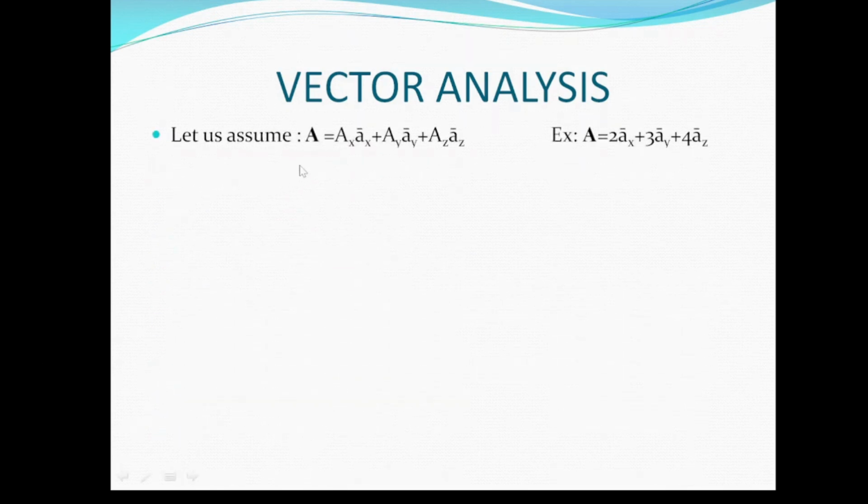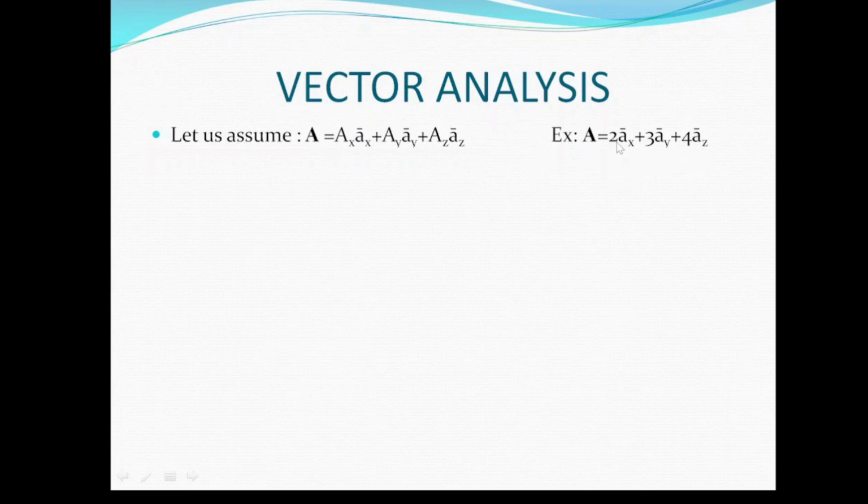Let us assume vector A is equal to capital Ax into small ax plus capital Ay into small ay plus capital Az into small az. For example, vector A is equal to 2ax plus 3ay plus 4az.